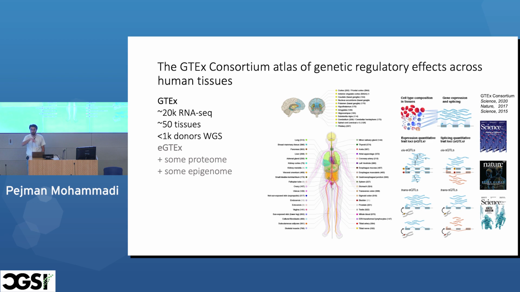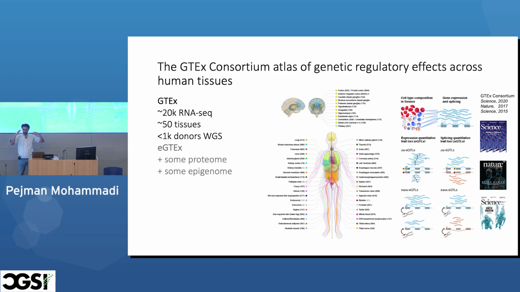It's not some sort of rectangular design, so some individuals have many tissue samples, some individuals few, some tissues have many samples and some fewer. So it has a lot of irregularities in the structure.